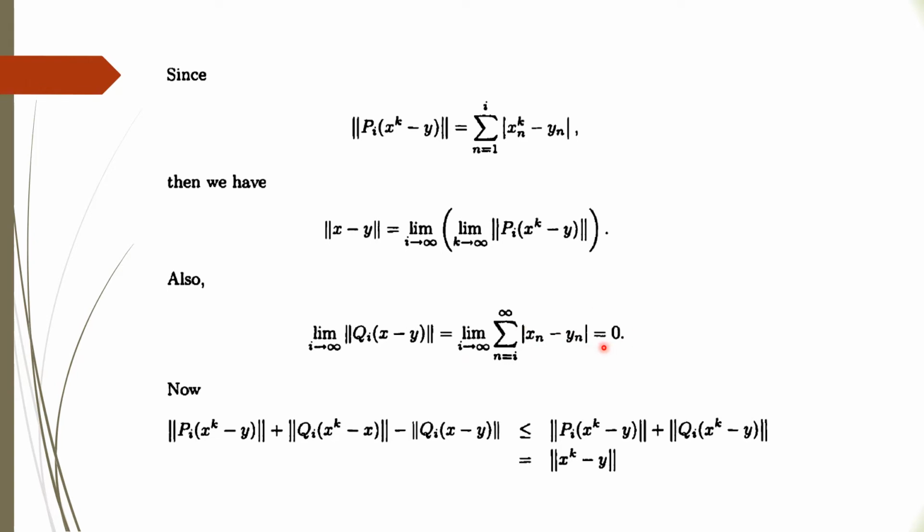This is a tail, so this is going to 0. So now take the norm of this plus the norm of qi xk minus x minus the norm of qi x minus y, right? So we can combine these two.